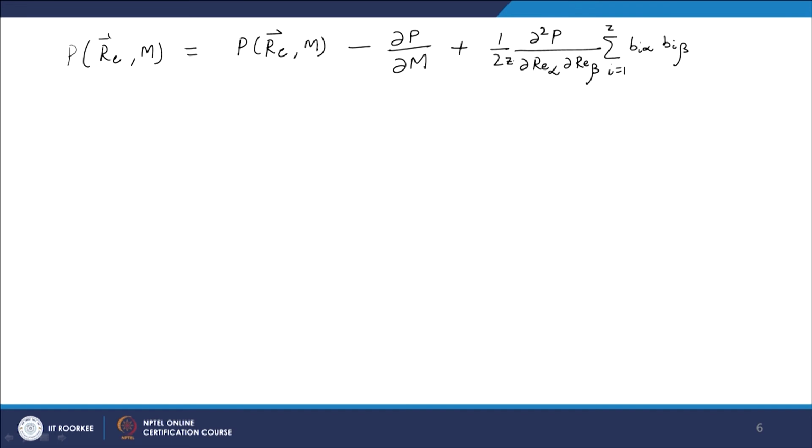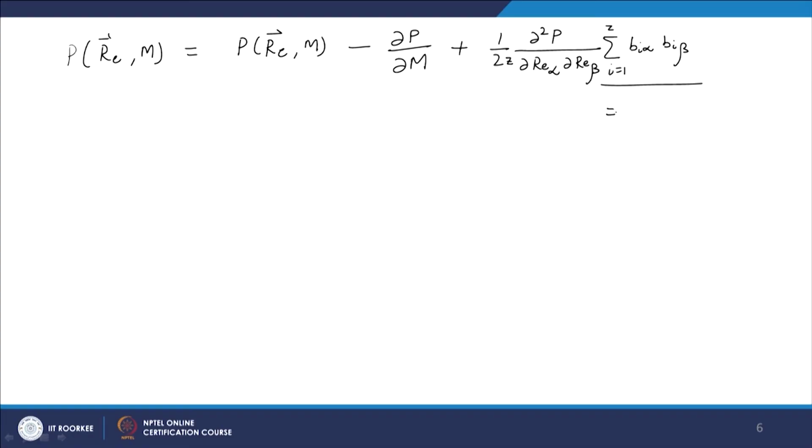Okay. So, now if I look at this particular term, you should remember from the random walk relation that if alpha is not equal to beta, this must be equal to 0, because the steps in the x direction are independent of the steps in the y direction or z direction.